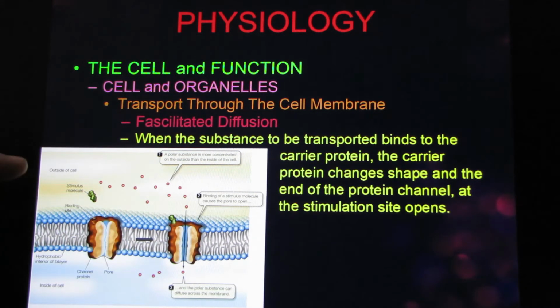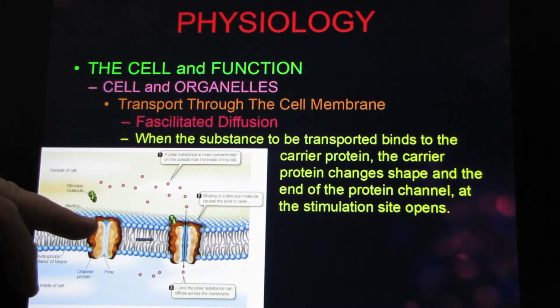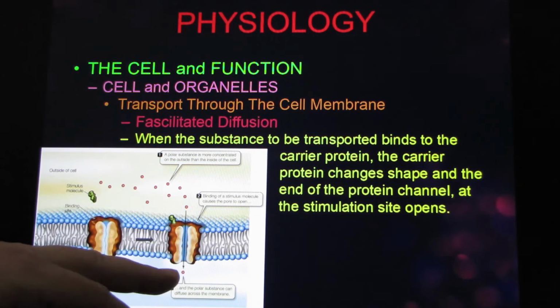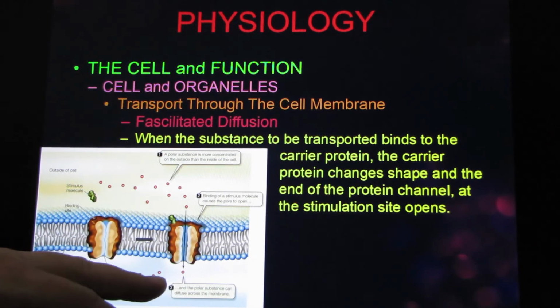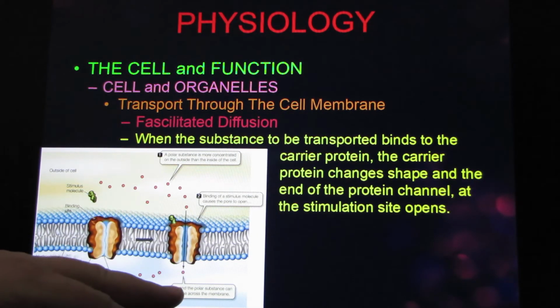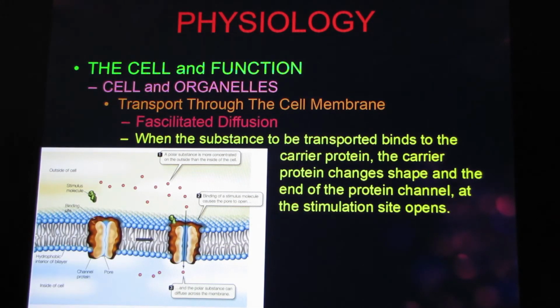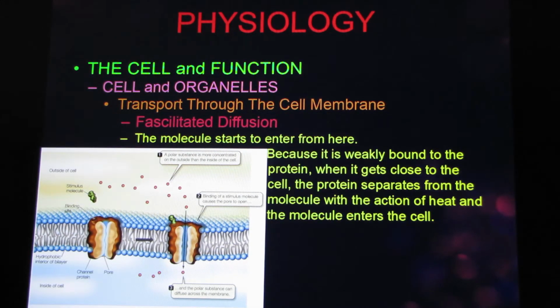So stimulus molecules come to the binding site, it opens the channel on the cell membrane, and the molecule that is to be taken into the cells can pass through this protein channel and goes into the cell to be utilized.